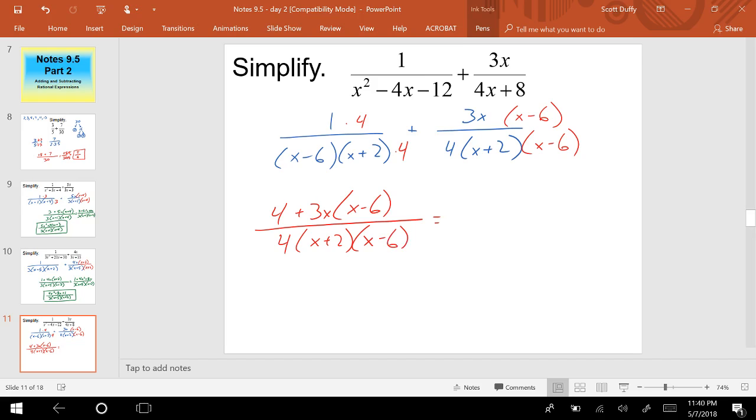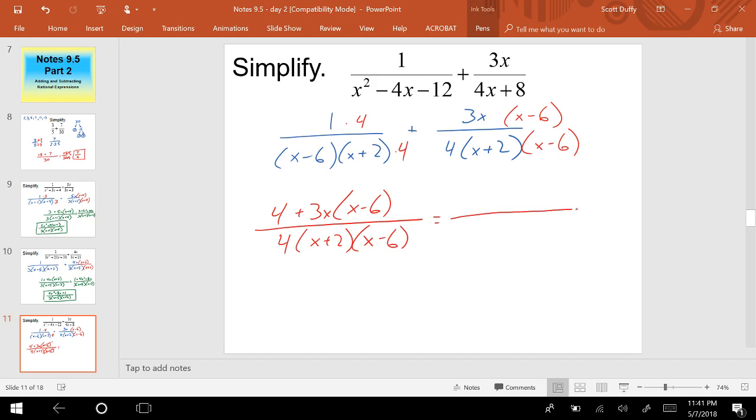Some of you might be asking, can't I factor out x minus 6 from the top and from the bottom? No, you can't, because x minus 6 is attached to the 3x, but that's being added to the 4. So it's really not a factor. You can only factor things out when they're all being multiplied on top and bottom.